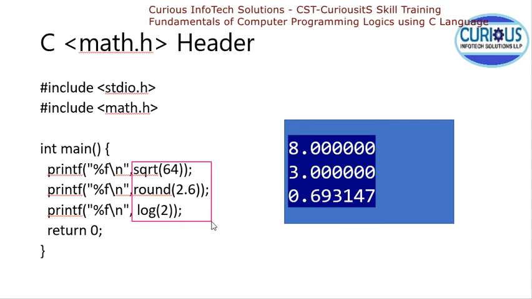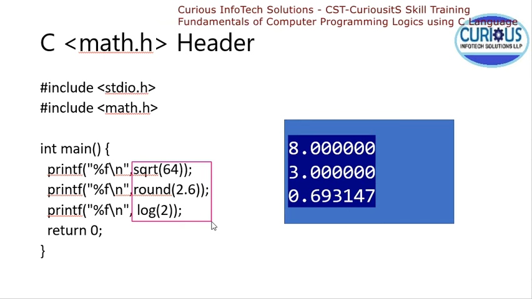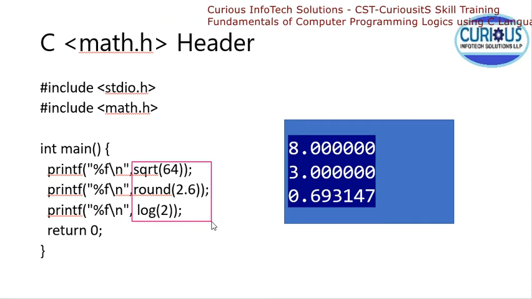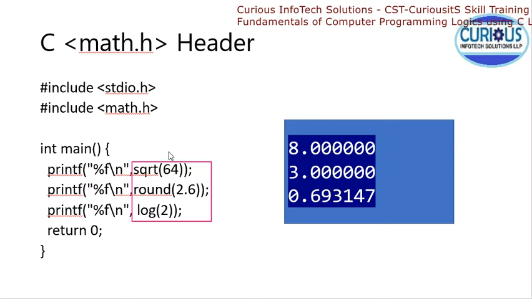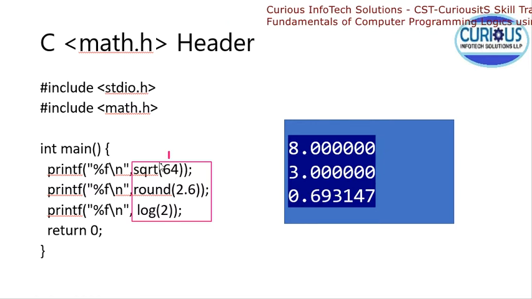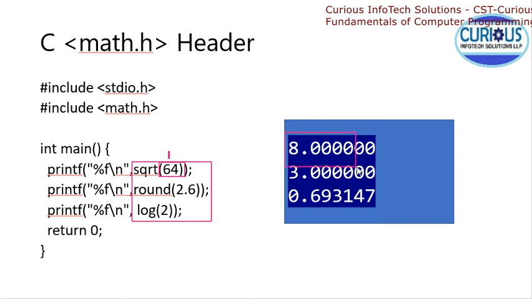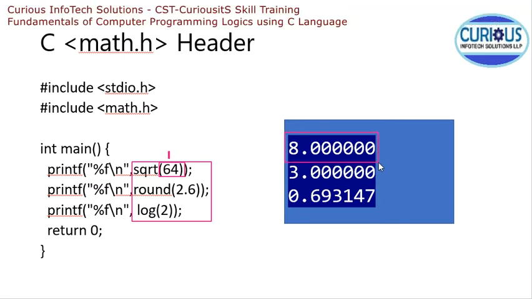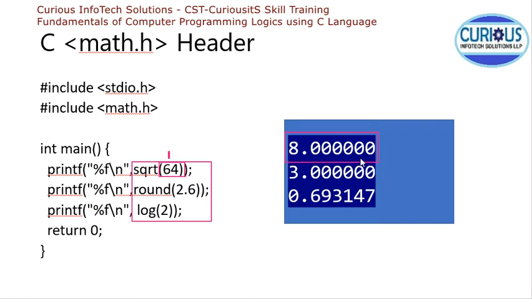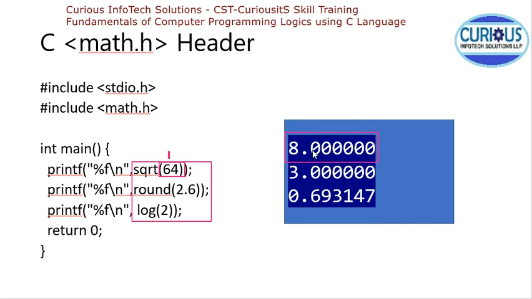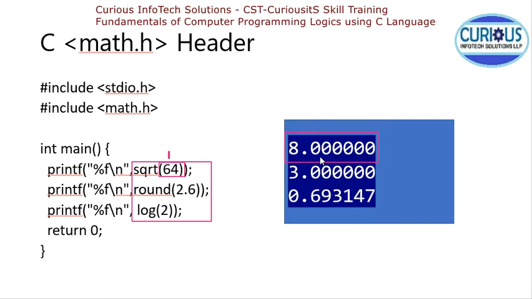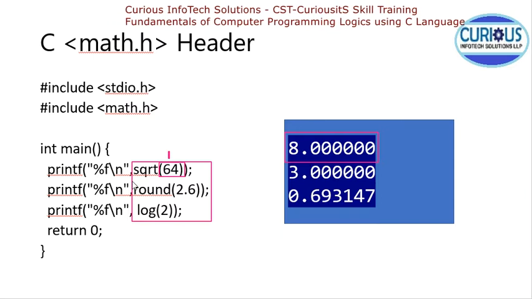These three are very useful and popular in our programming language. As this is 64, the square root of 64 we will get is 8, and by default the decimal point will be 6 decimals.